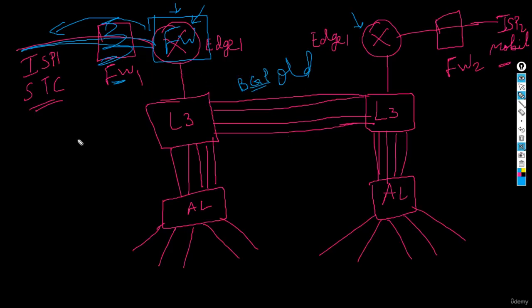But now all firewalls support BGP and all other routing protocols, so they can put the firewall also. Big companies will put the router and then the firewall, or maybe the firewall here or here, depending on the company. If they have a good budget, they will use the firewall and the router also. But if they don't have a good budget, they will not use the edge router. In this place they will have the firewall.